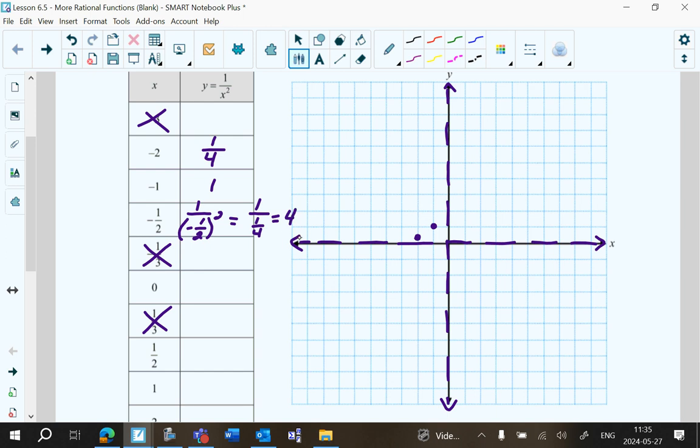So we can see that we've got a curve going on, and that we can't touch this vertical asymptote, we can't touch this horizontal asymptote. So we've got a curve that looks like that.